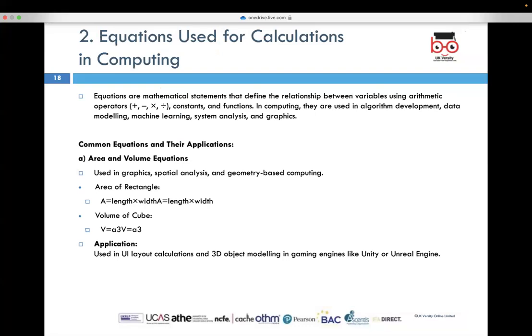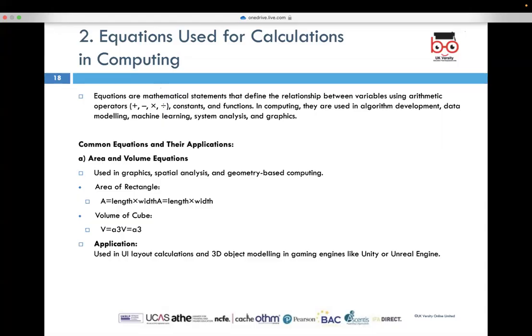Equations are mathematical statements that define the relationship between variables using arithmetic operators, addition, subtraction, multiplication, and division, constants, and functions. In computing, they are used in algorithm development, data modeling, machine learning, system analysis, and graphics.